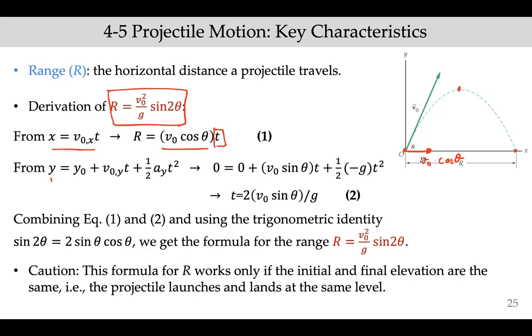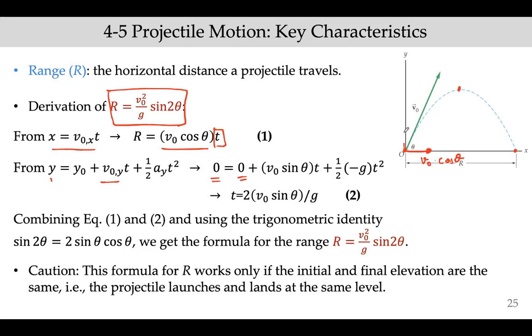Now, why do I do this? Because it actually gives me the final position in y as 0, right? That's something I know. I don't know the height, but I know the final position in the vertical will be 0. So I'm going to use these 2 points and apply this formula. Initial position is 0 because it starts from origin. Final position in y is 0 because it hits the ground. Now, what about the y component of the initial velocity?